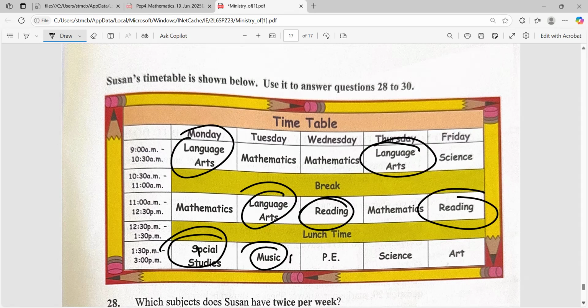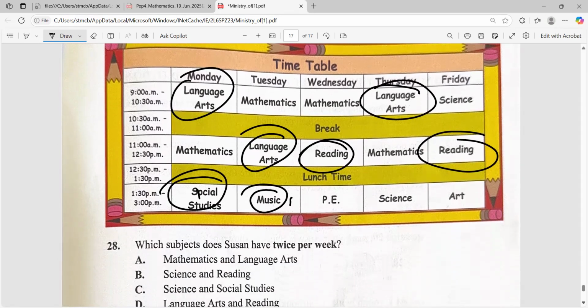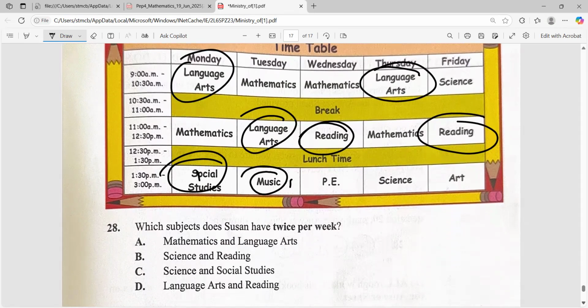Reading should be every single day. Which subject does Susan have twice per week? Reading and science. So reading and science is there twice. So that would be B.